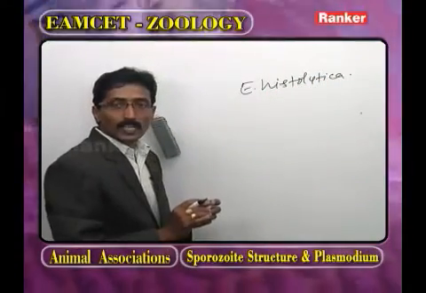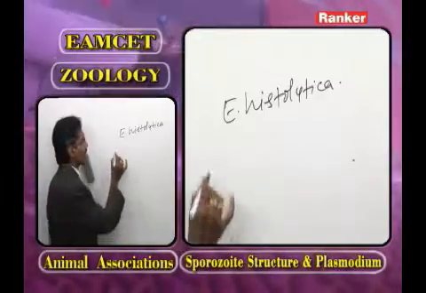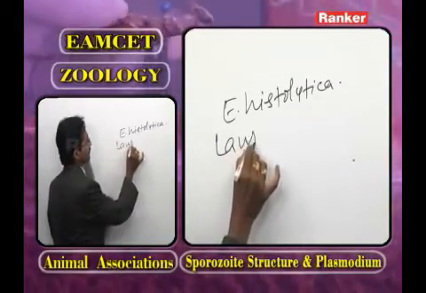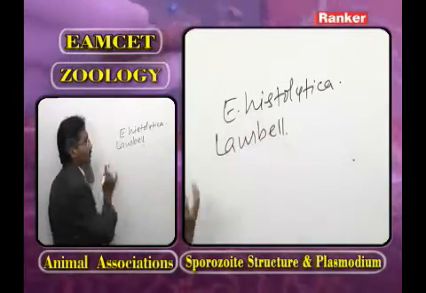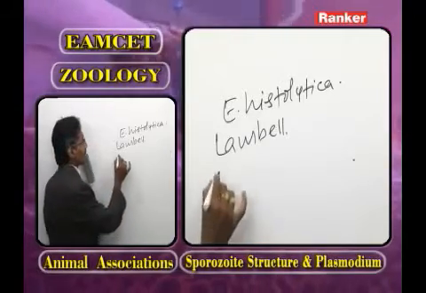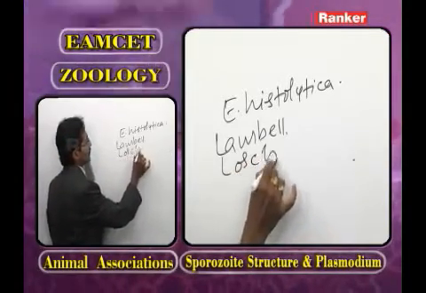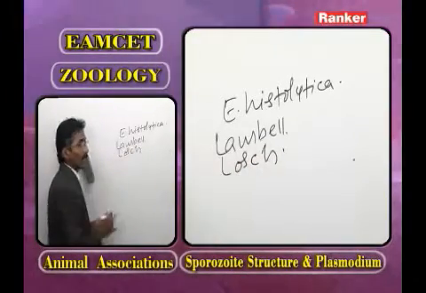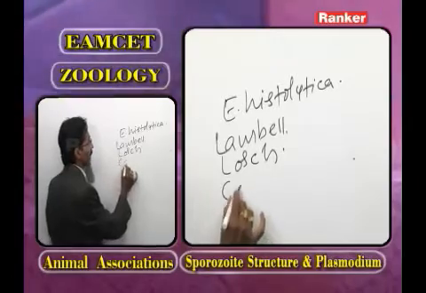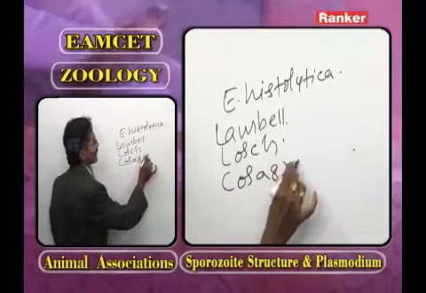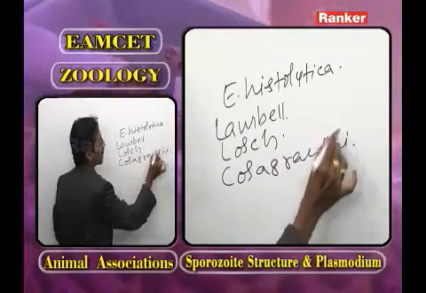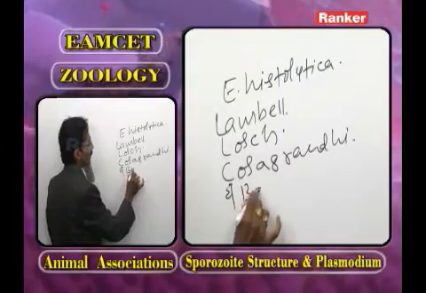It was discovered by Lambl. The pathogenicity is explained by Lösch. The name Entamoeba histolytica was given by Casagrandi and Barbagallo.